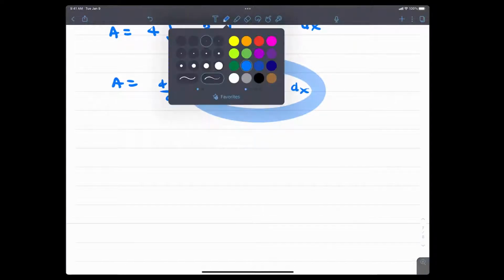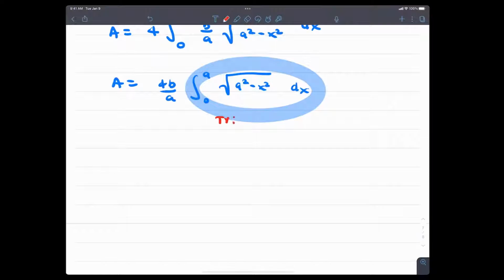This is a what? Trig substitution integral. The case 1 type. It's the one we were doing earlier, right?